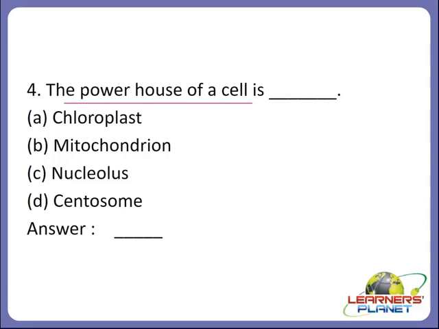Which is the next question? The powerhouse of a cell is? A very simple and very interesting question. So the powerhouse of a cell is dash. Before answering, the point that should be very clear in your mind is what you mean by powerhouse. Power means energy. House means where it could be stored.